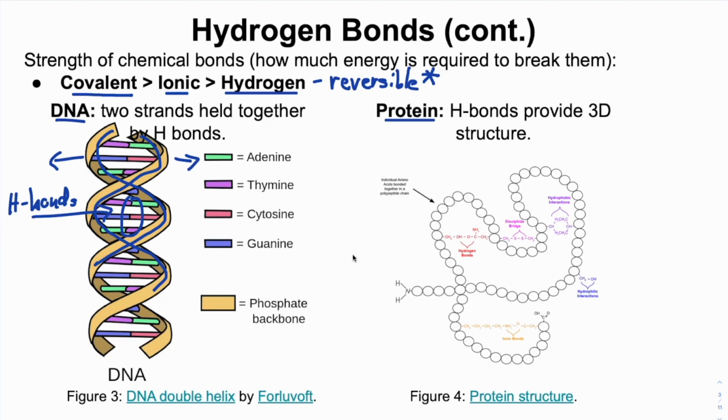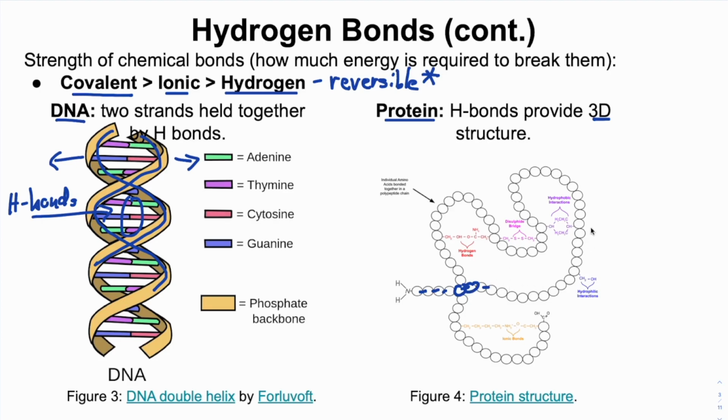Proteins we haven't really talked about, but we'll explore them fully a little later in the semester. As we'll learn, proteins have many functions, and these functions depend critically on their three-dimensional structure. Covalent bonds are part of the backbone of protein structure. Here, individual subunits of proteins are shown as circles, and these circles are held together by covalent bonds.